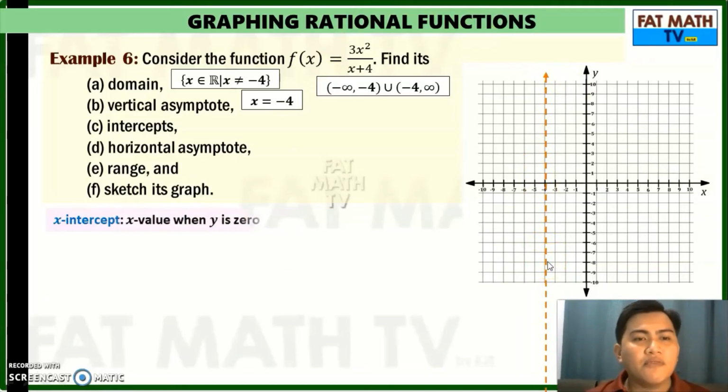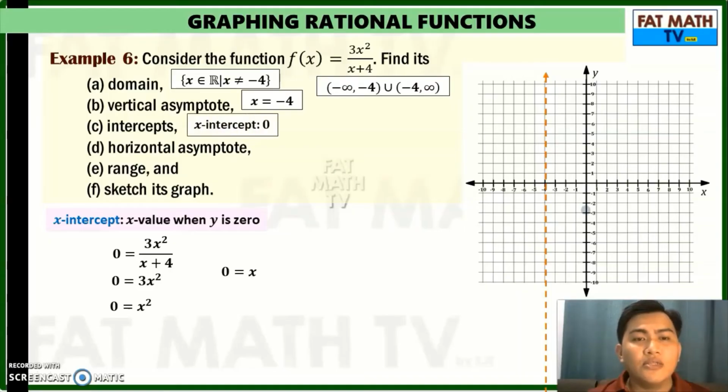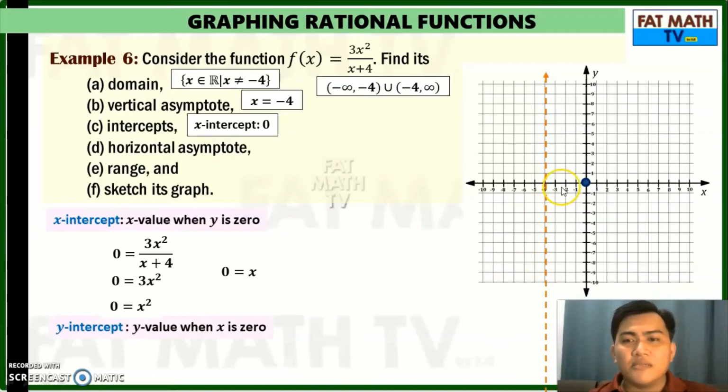For the intercepts, for the x-intercept, make y 0. That is 0 if the numerator is 0. So divide by 3, 0 equals x squared, take the square root, so x equals 0. So the x-intercept is 0. And for the y-intercept, of course, if the x-intercept is 0, the y-intercept is also 0. It's always like that because it passes through the origin.